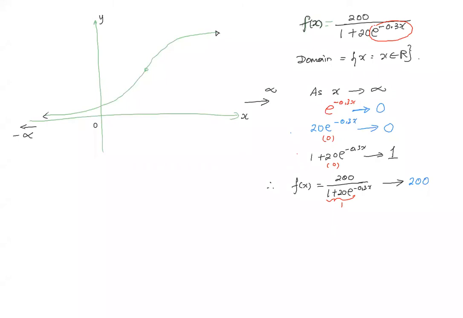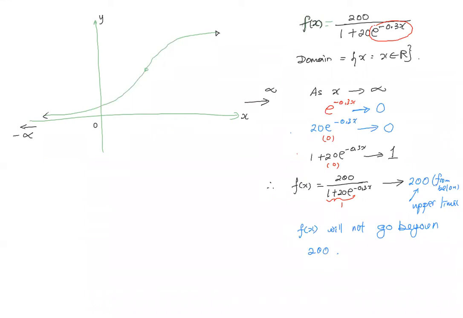So this is our upper limit. We always write here from below. It tells us that my f(x) will not go beyond 200. So that's why I call that the upper limit.